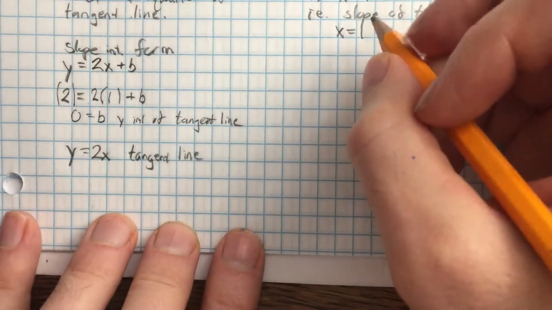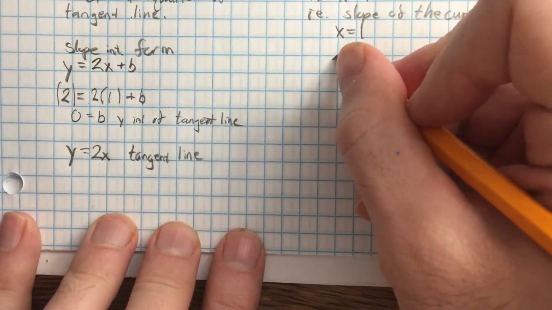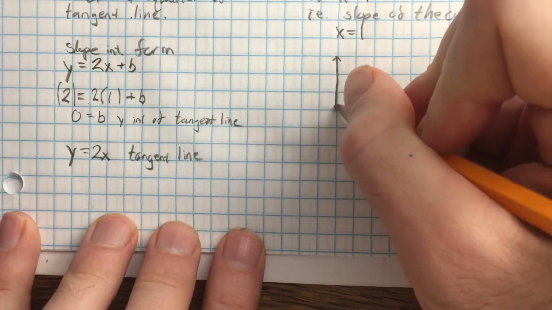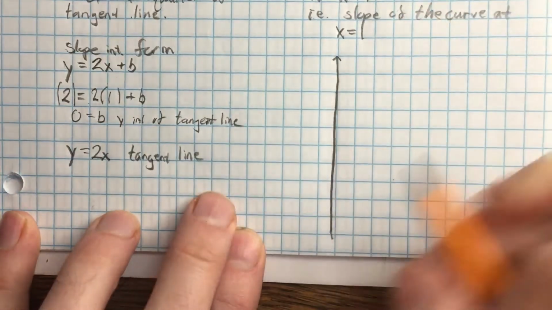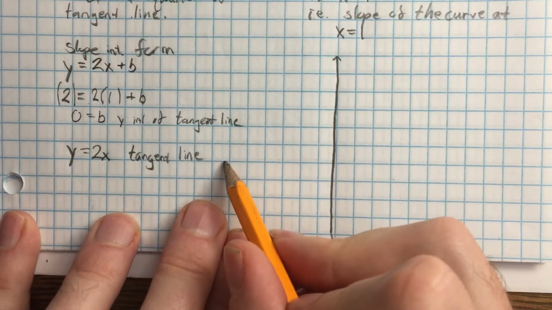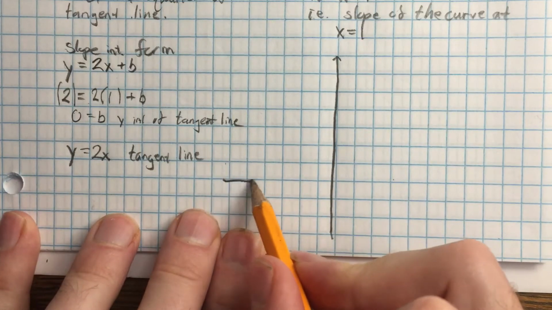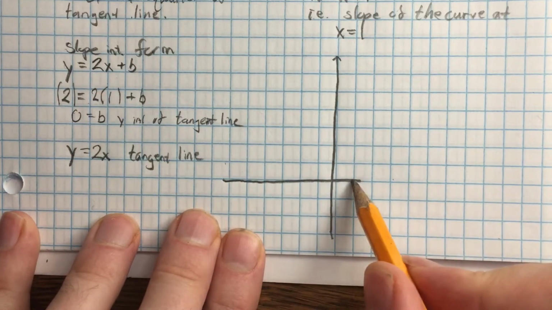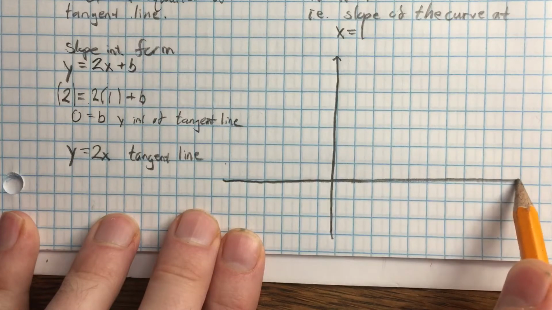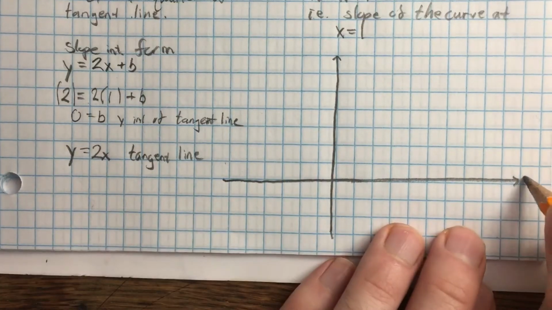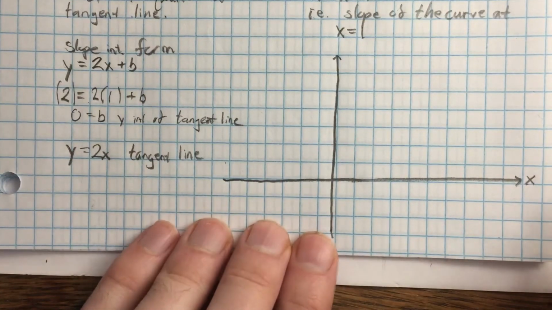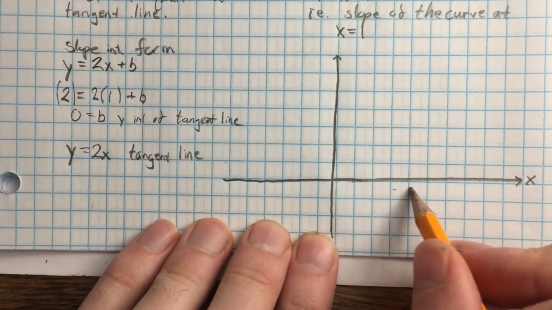Now for a picture of the scenario, with a little bit of explanation as well. So let's see, 1, 2, 3, 1, 2, 3.